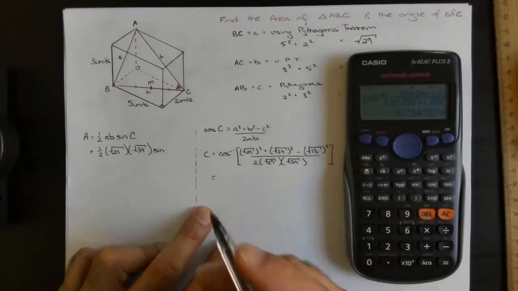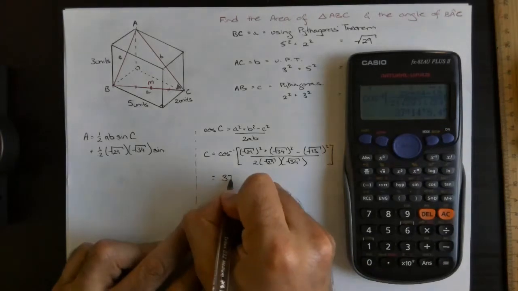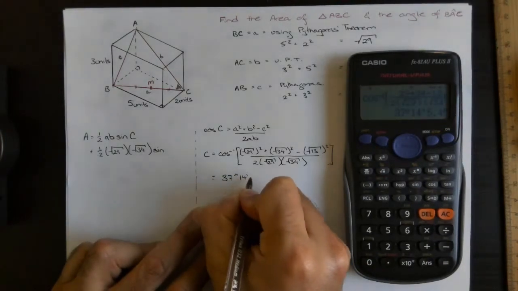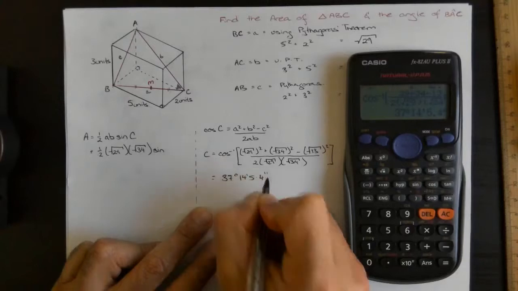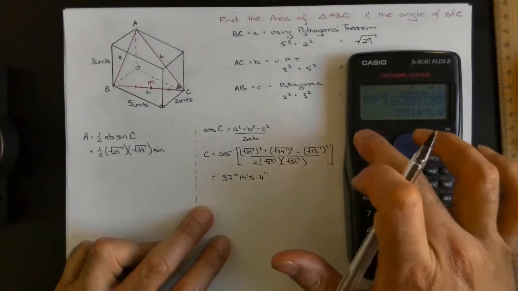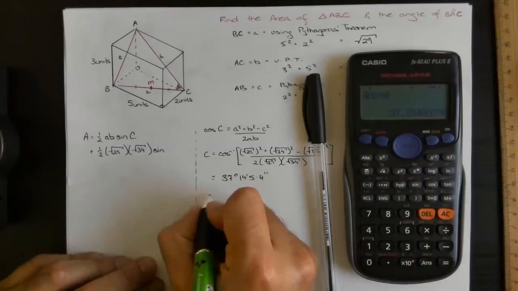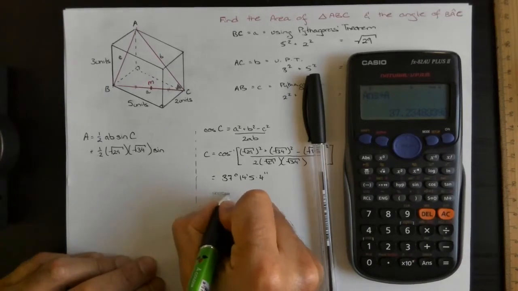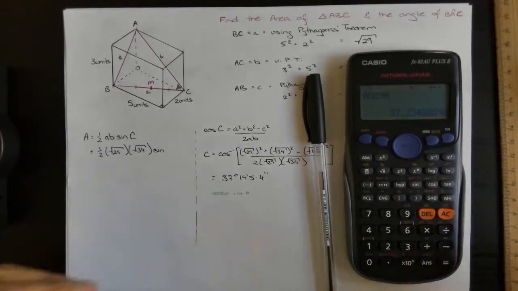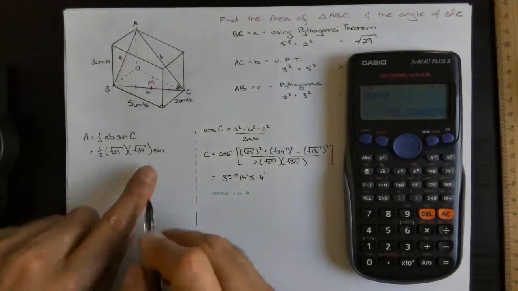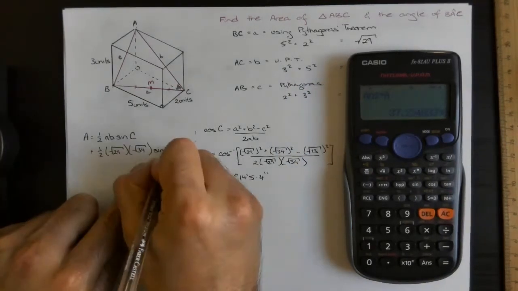So that's 37 degrees, 14 minutes and 5 seconds. I'm going to store that in A, which means that that angle is now this.